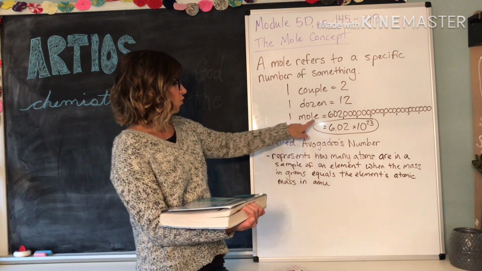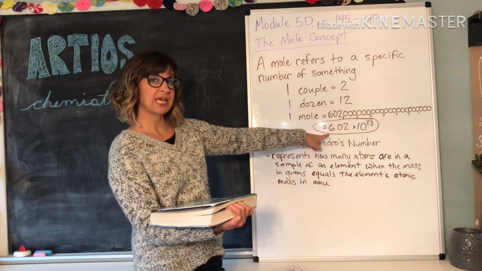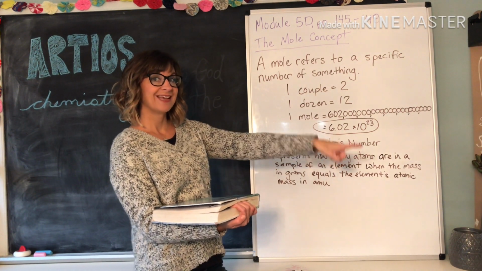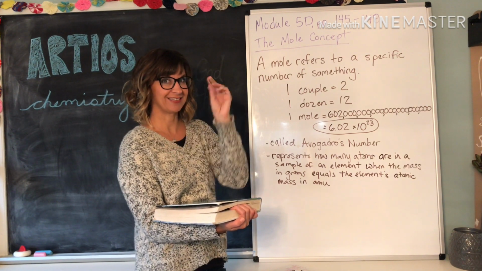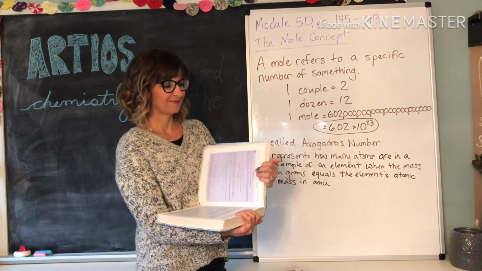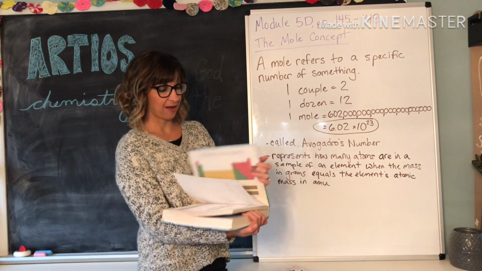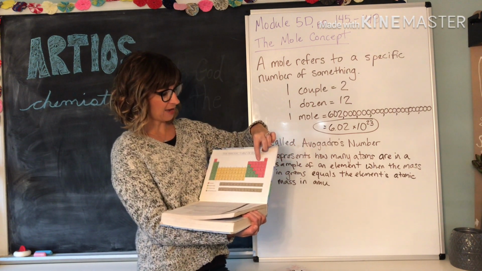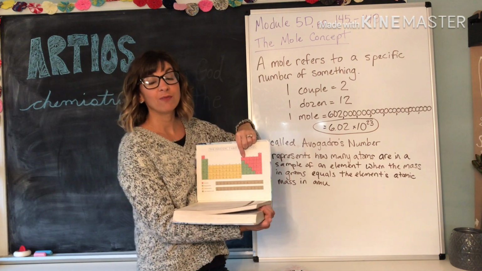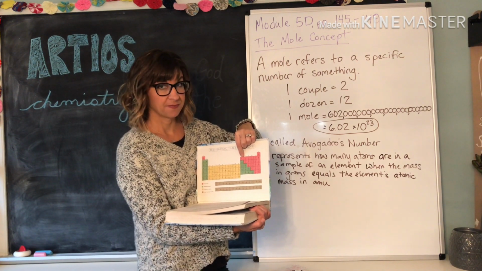That's right. We would have 6.02 times 10 to the 23rd carbon atoms, and guess how much it weighs? This is the exciting part, the little connection. A mole of carbon atoms weighs, that's right, it's the same as the atomic mass, 12.0 grams.